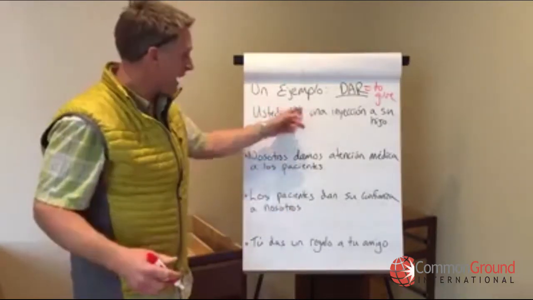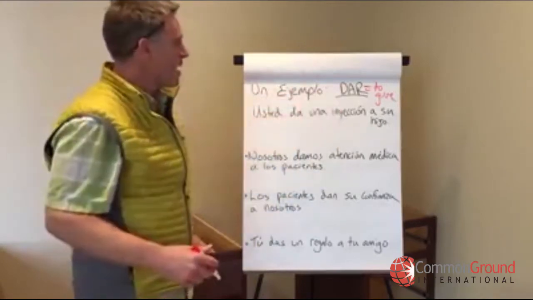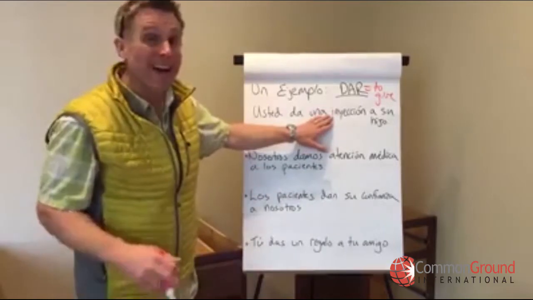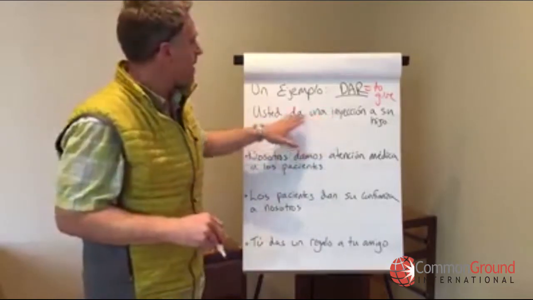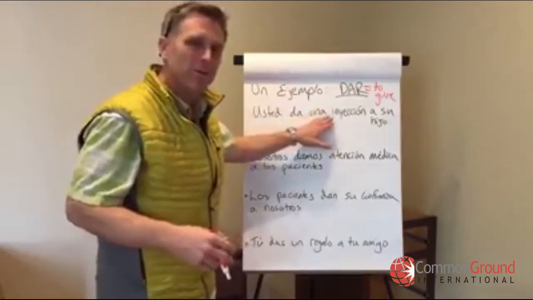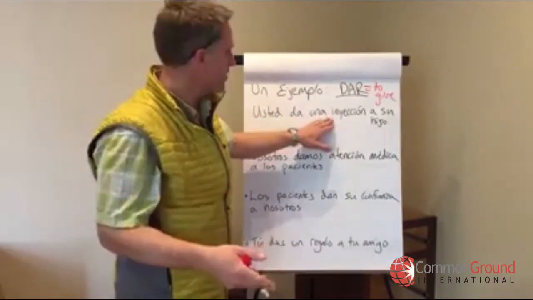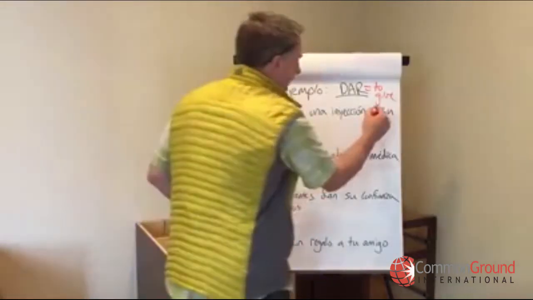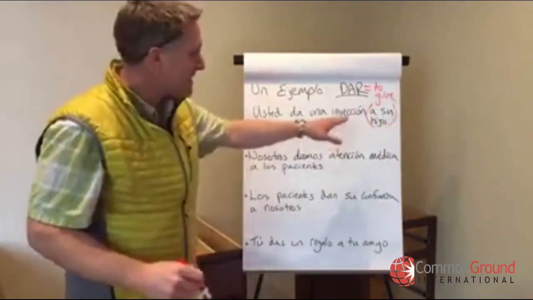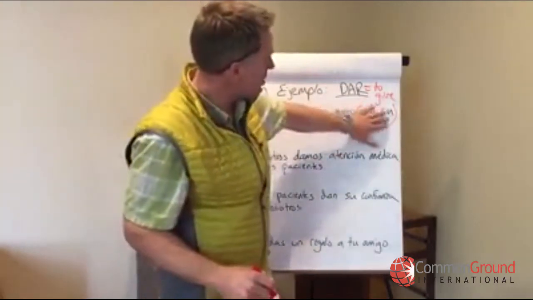We know what the verb is, da, which is the verb dar, right? What's being given? Una inyección. That's the direct object, okay? Usted da una inyección. Gives what? Una inyección. An injection. To whom? A su hijo. That's the indirect object. So, a su hijo.